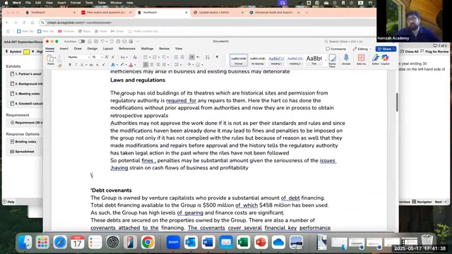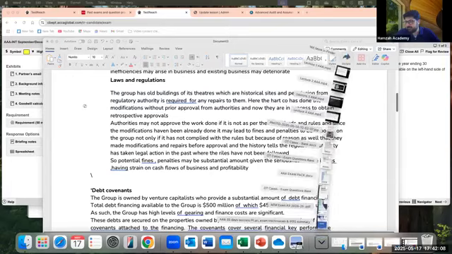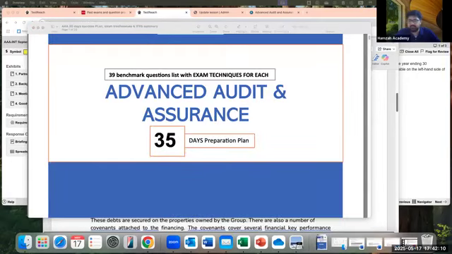Impact on cash flows. So I will be opening the, yes.